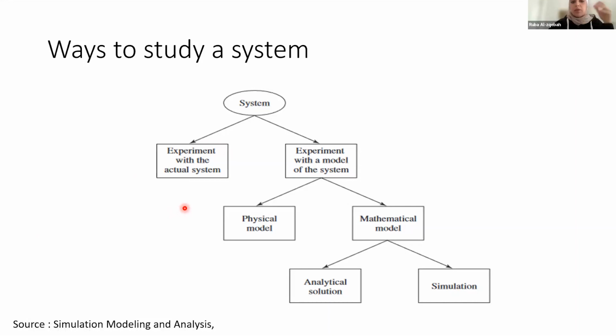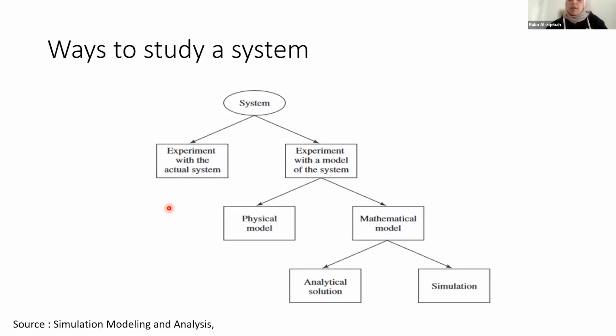They go to their production system, stop the production and make different changes. Maybe they change the number of workers and the number of machines, and look at what happens to the output, how many parts we produced. But this case is rarely used. It's not popular because it's costly. If you want to change anything in the system and stop it, it will cost a lot.